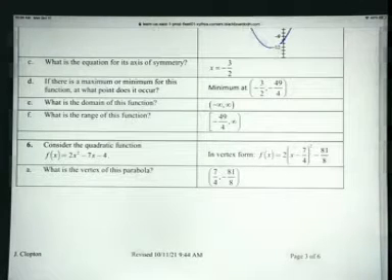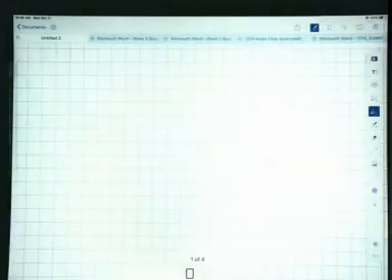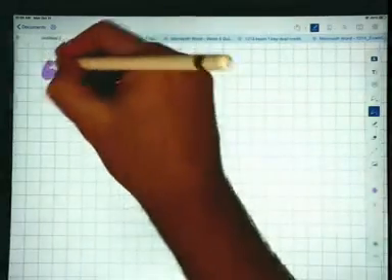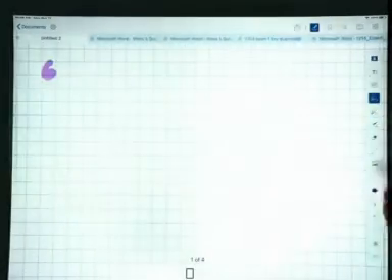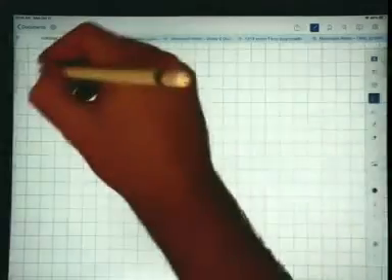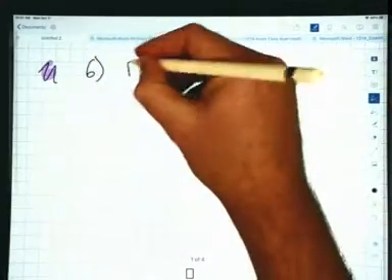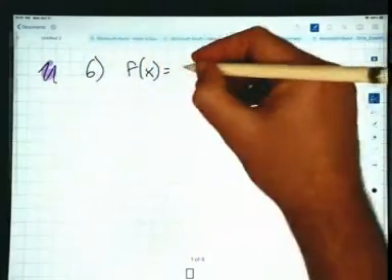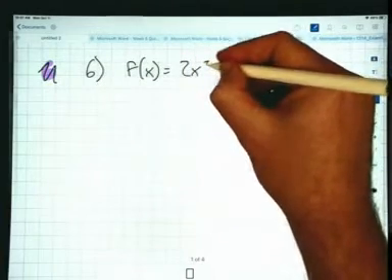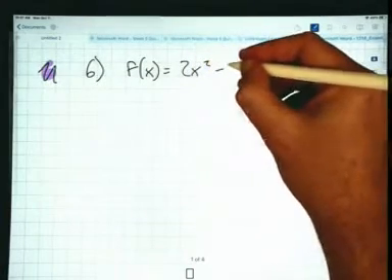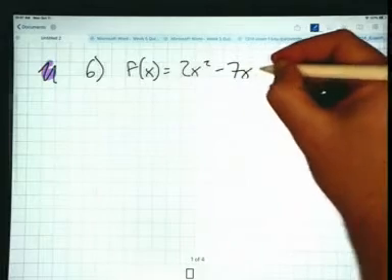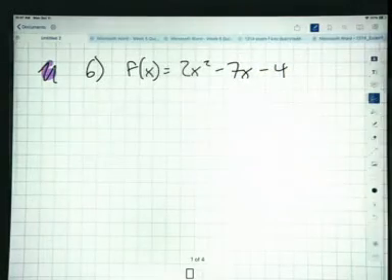So just follow along with me. I want to take some time to look at problem number 6. f of x is equal to 2x squared minus 7x minus 4.